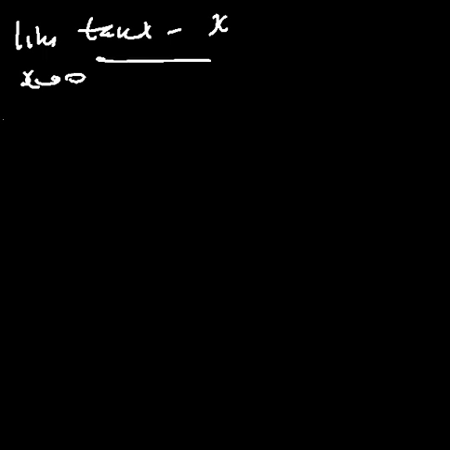And let's say we have the limit as x approaches 0 of (tan x minus x) over 3. In this case, direct substitution gives tan 0 minus 0 over 3. But what is tan 0?